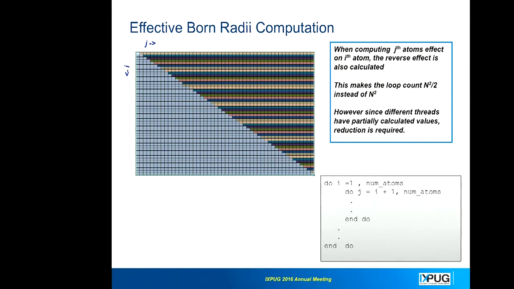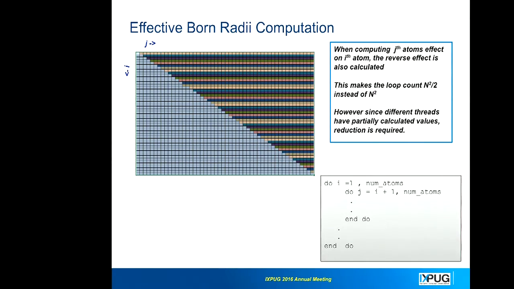Now you have to do a reduction, since you are computing J's impact on I, and you are also computing atom I's impact on J. So each rank has partial information, and you have to do a reduction to get the final data.